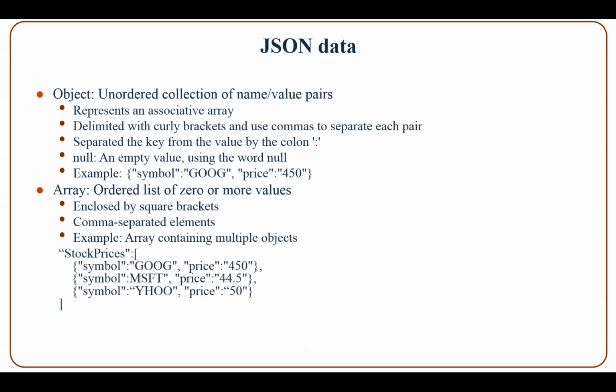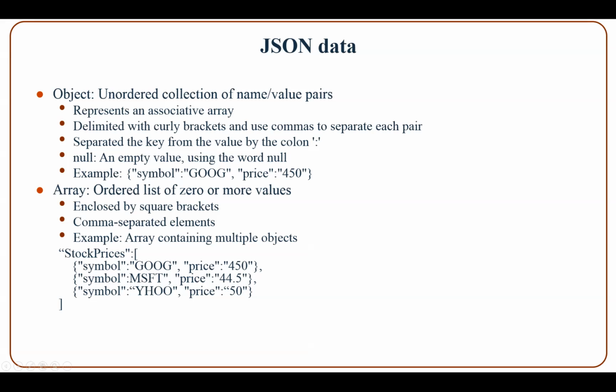An example of an object is here. In the first pair, symbol is the name and Google is the value. And in the second pair, price is the name and 450 is the value.